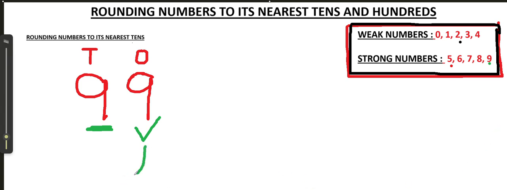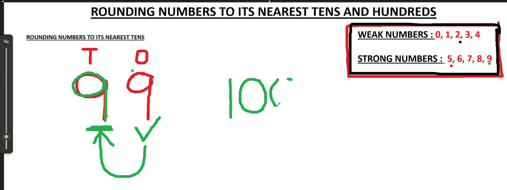So 9 is going to use all its might to push this 9 and change it to a 10. It will be successful in doing that because 9 is a strong number. So this 9 changes to a 10 and the other 9 over here changes to a 0.